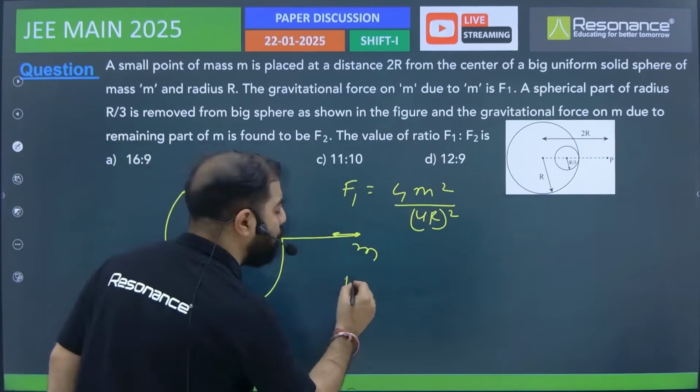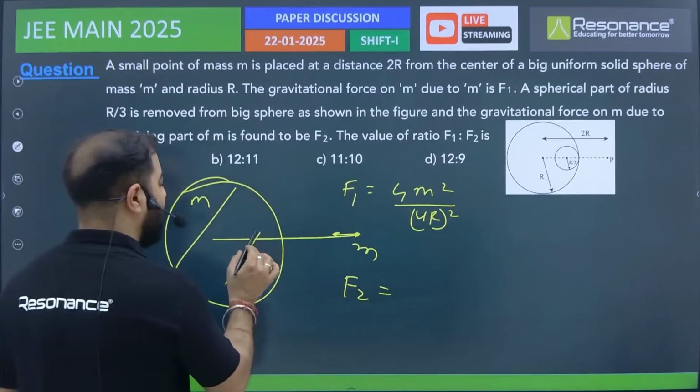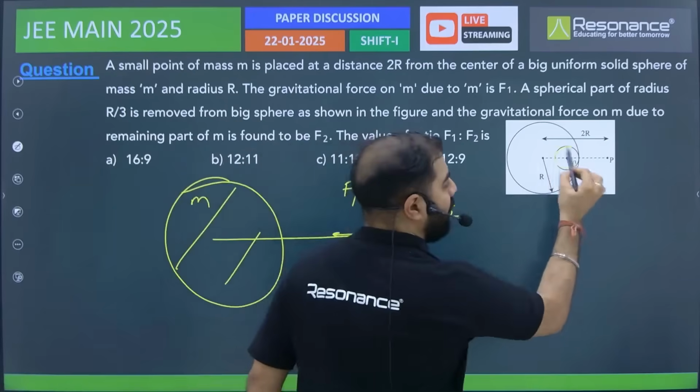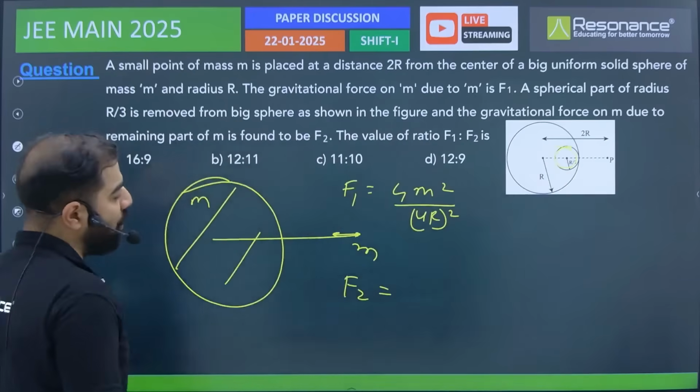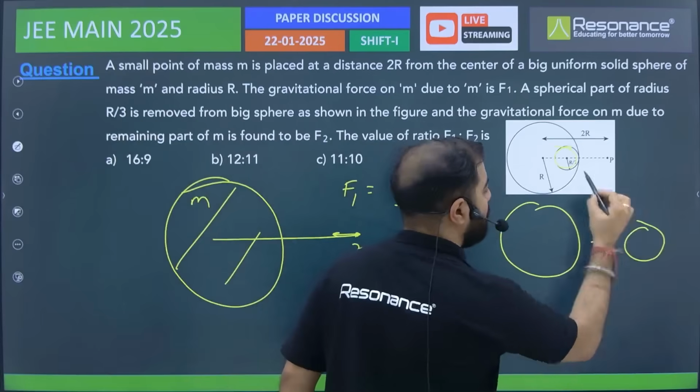What is the value of F2? F2 means when there is a cavity here. Okay? So now for this cavity, what you can think is, it's the complete sphere minus this.